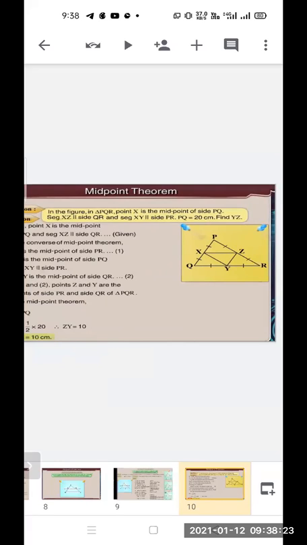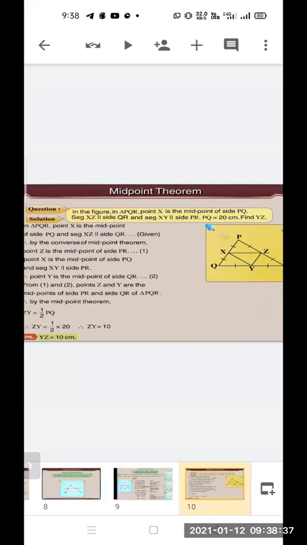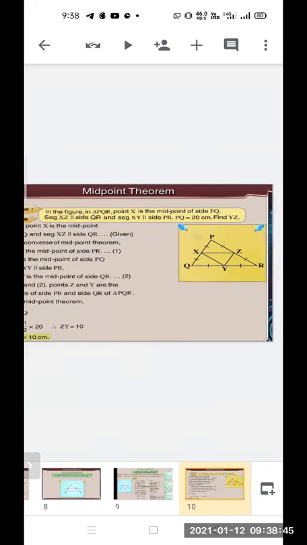And segment XY is parallel to PR also given, and the length of PQ is given as 20 centimeter. We have to find YZ. So in the figure, what is given? Triangle PQR is given. Point X is the midpoint of PQ, and XZ is parallel to QR. Again, XY is parallel to PR, and the length of PQ is 20 centimeter. We have to find YZ.